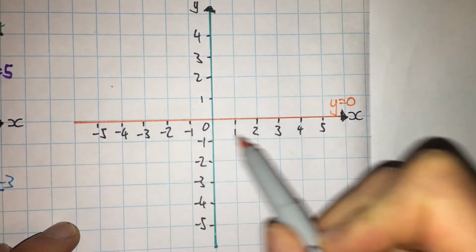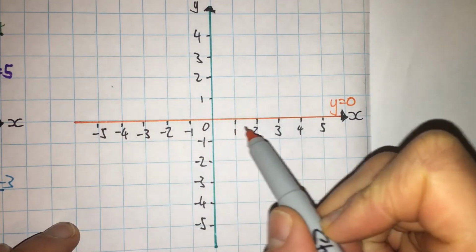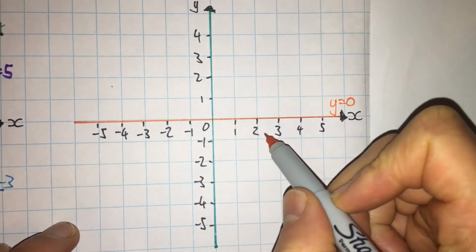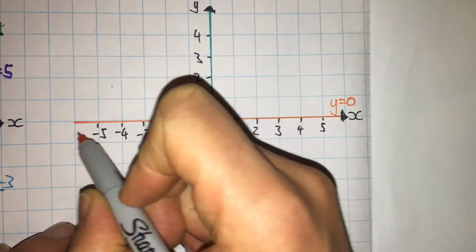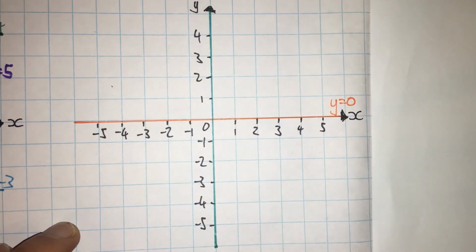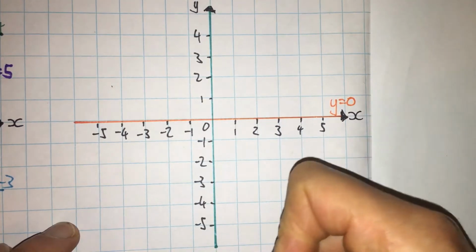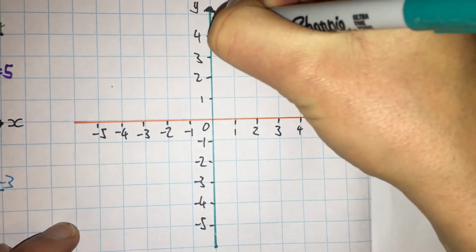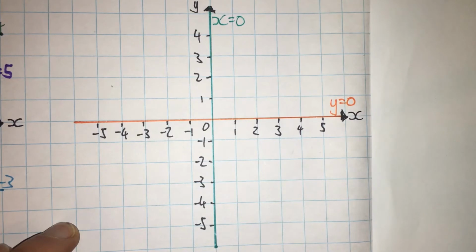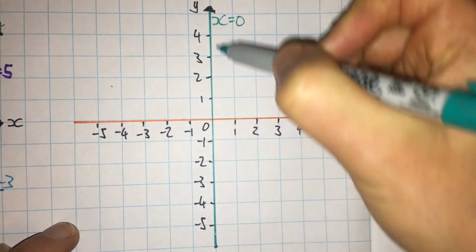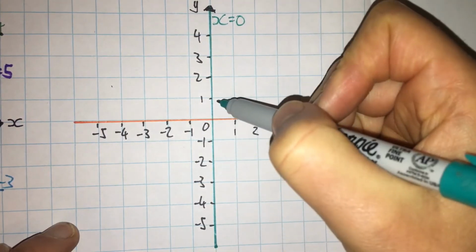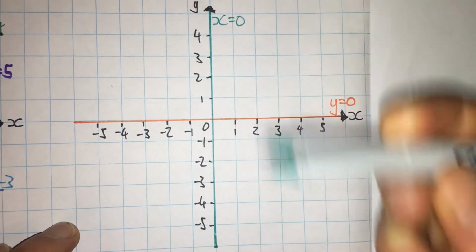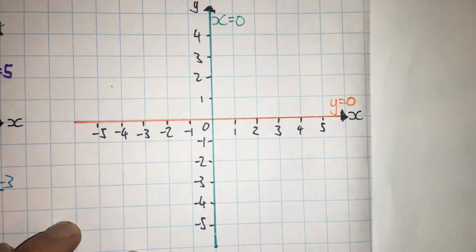But because it's horizontal, every single point on the line, the y value is 0. So we've got 1, 0, 2, 0, 3, 0. So this is the line y equals 0. The line that goes on the y-axis is the line x equals 0 because it goes through the point where x equals 0, and every point on this line the x value is 0: 0, 0, 0, 1, 0, 2, etc.